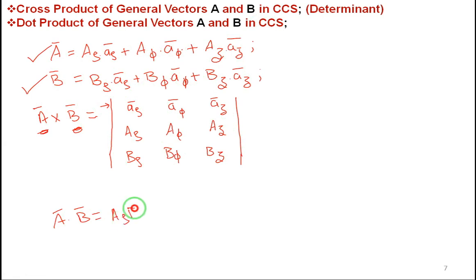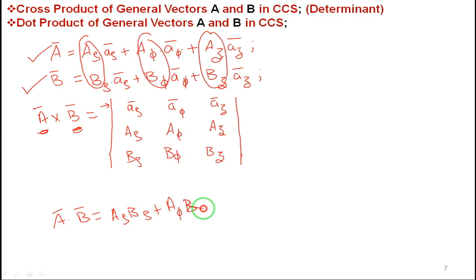Here I will get a rho b rho, plus a phi b phi, plus az bz. Yes, this is the dot product. I hope you understood that.